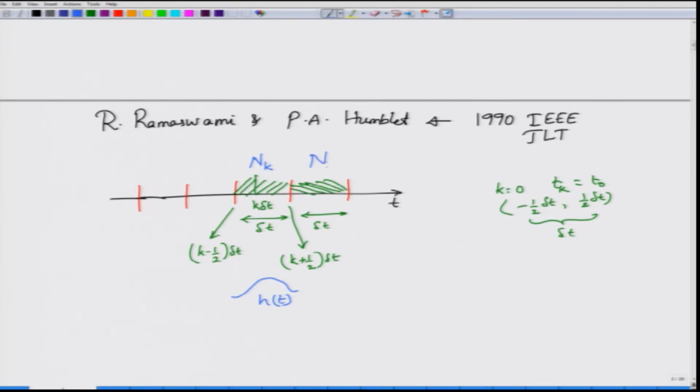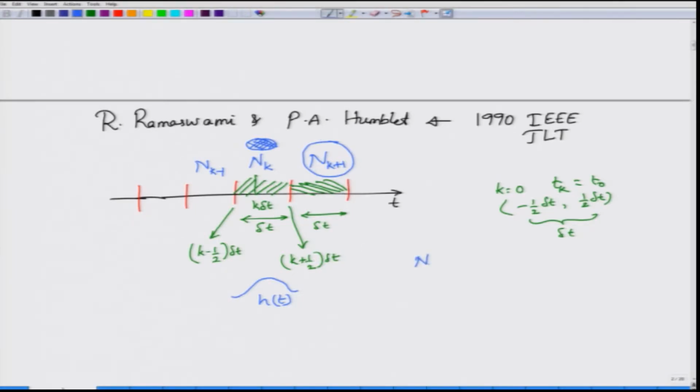At each interval you actually have a different number of photons. Okay, so at the (k minus 1)th interval you might have had n_(k minus 1). We will also assume that the number of electrons generated in the kth interval is completely independent of the number of electrons generated in any other interval.